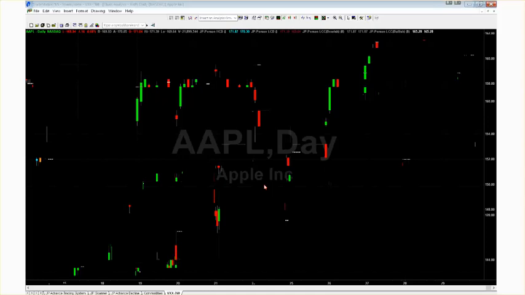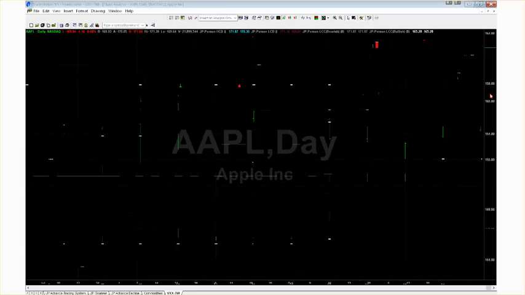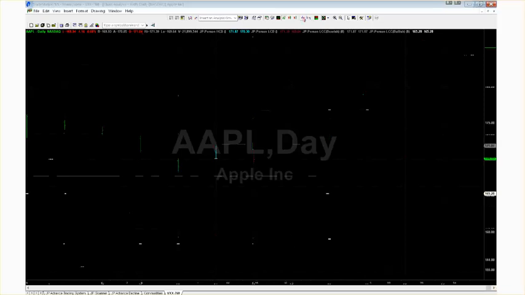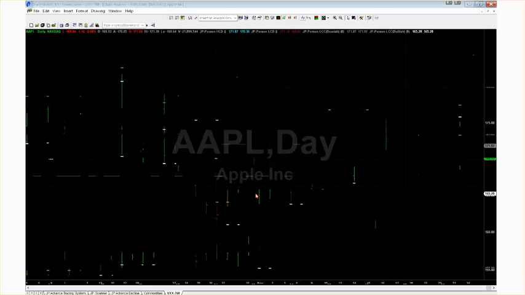Let me get back to where I was. I squinched up too much data. There we go. All right. So if it is a blue bar, it's a doji, and a maroon bar just signifies that this bar closed below that low. That's all that's identifying.